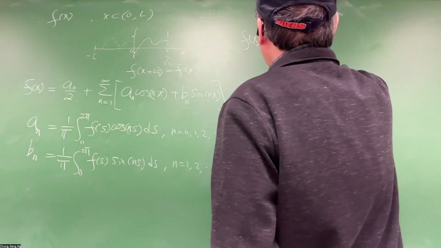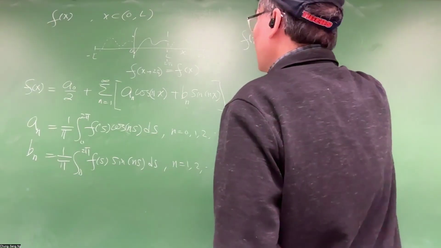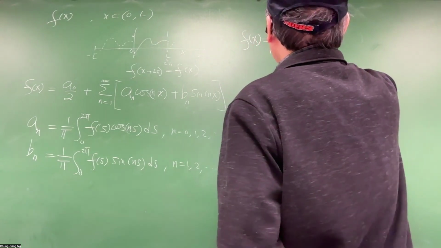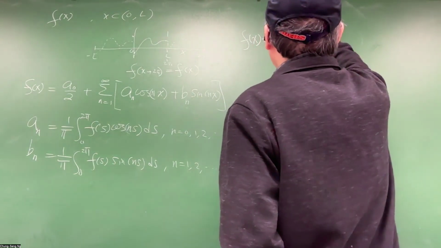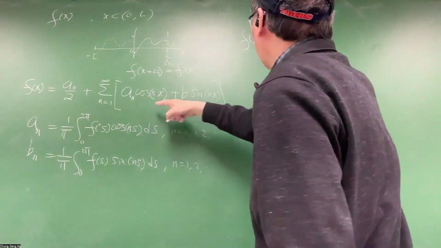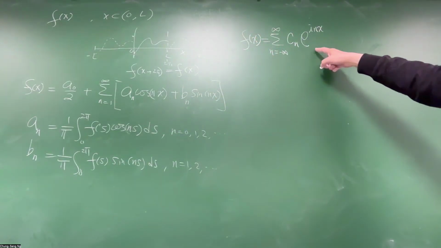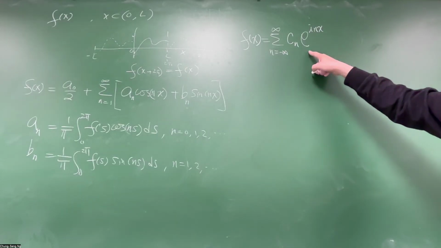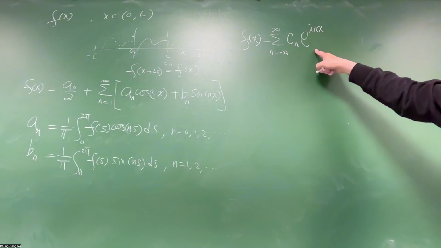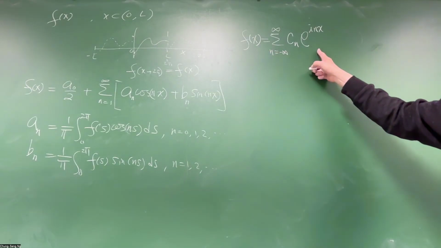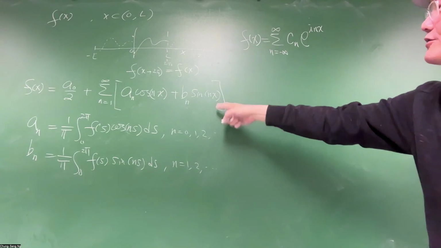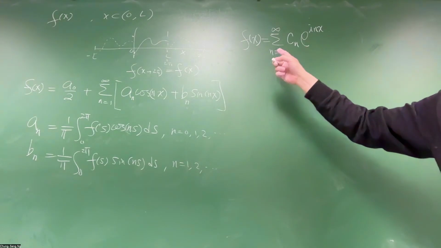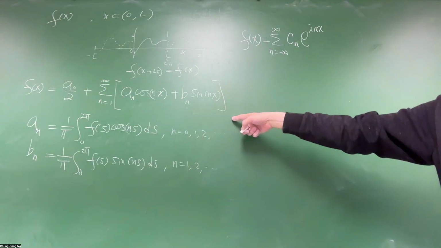Now n goes from minus infinity to infinity, and the coefficient is c sub n times e to the i n x. Instead of cosine and sine, we already know this is cosine nx plus i sine nx, right? So it already covers both cosine and sine using just an exponential function. And this will be your Fourier series expansion. So at least, even at this level, this is simpler than this one.